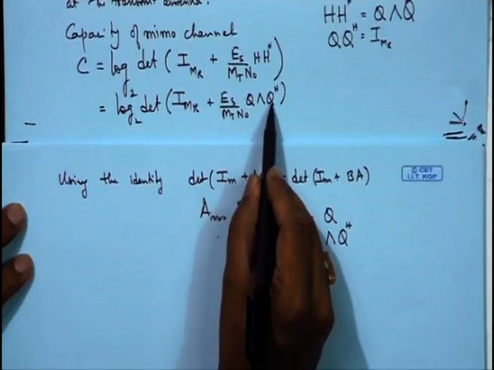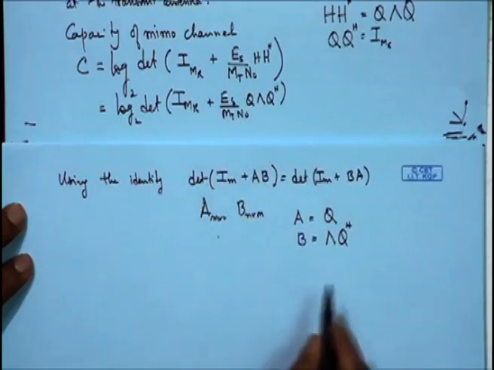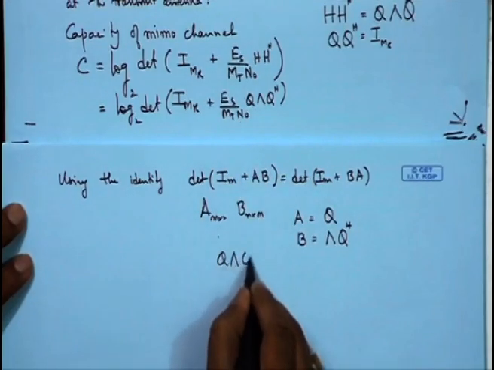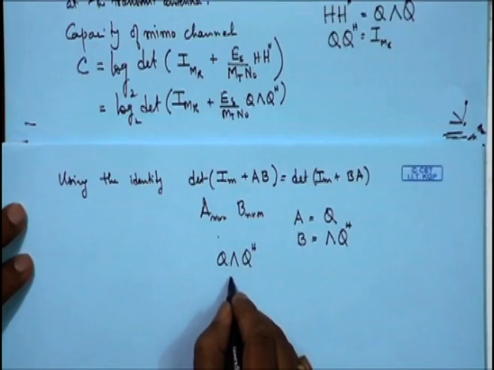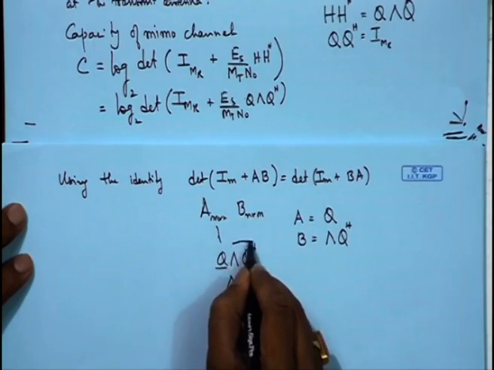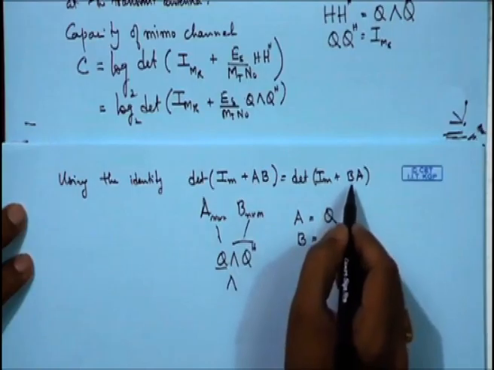Q lambda Q Hermitian could be written as lambda, because if you identify this as A and this as B, then you could write it as B times A inside the determinant.